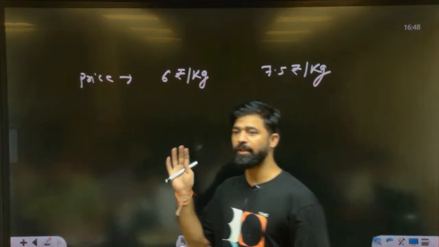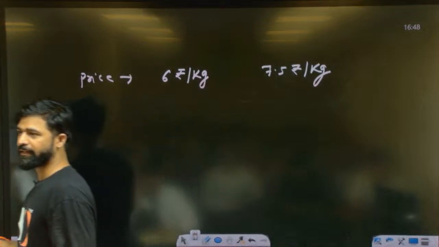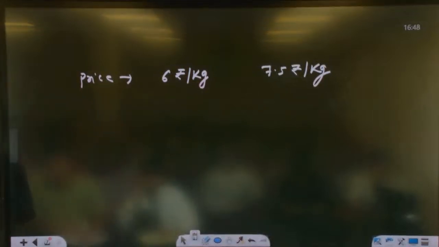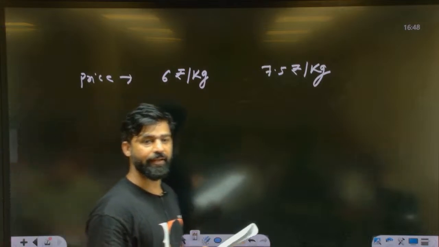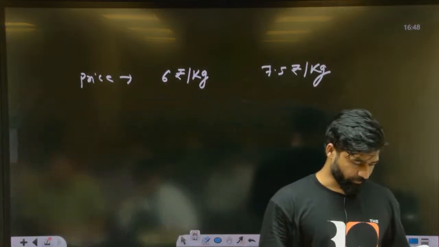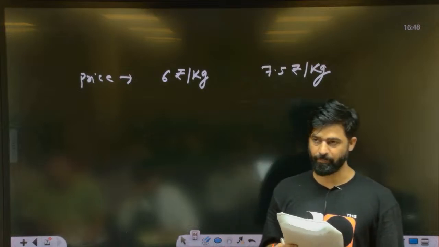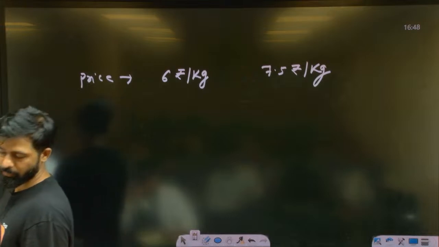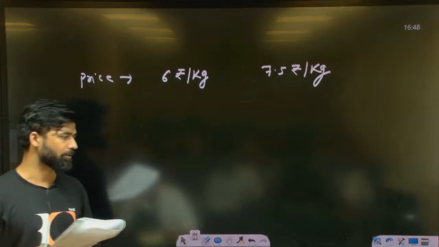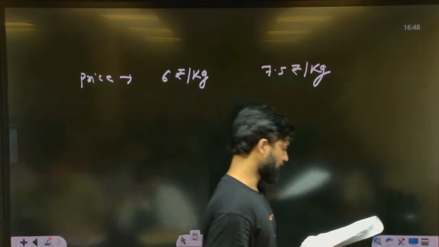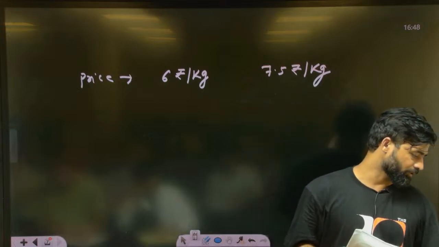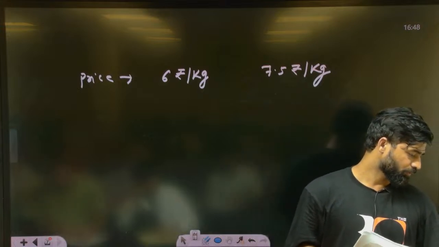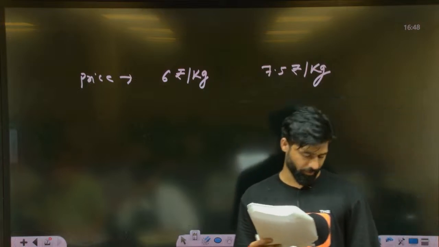The data is not in the percentage. The data is the exact value. Okay, the next thing: if the expenditure remains same, find the percentage reduction in consumption.